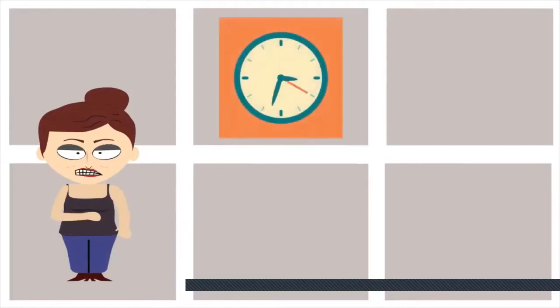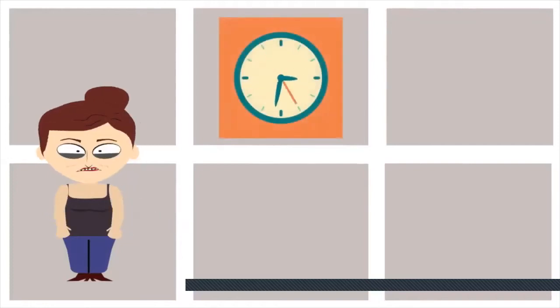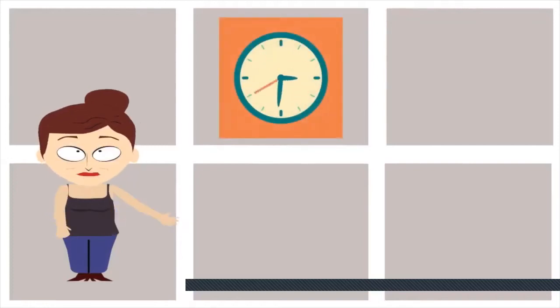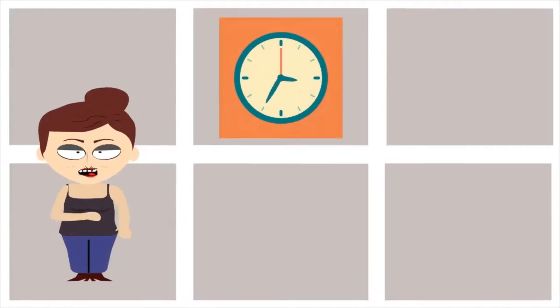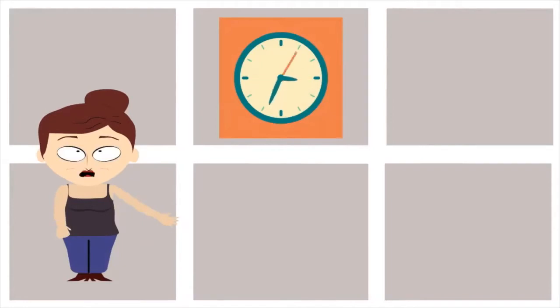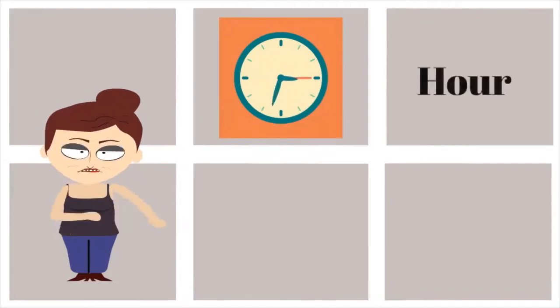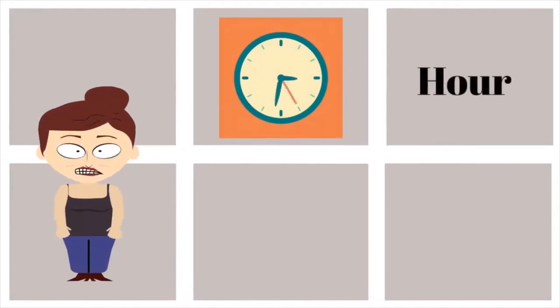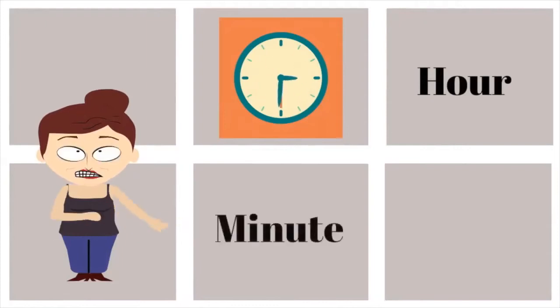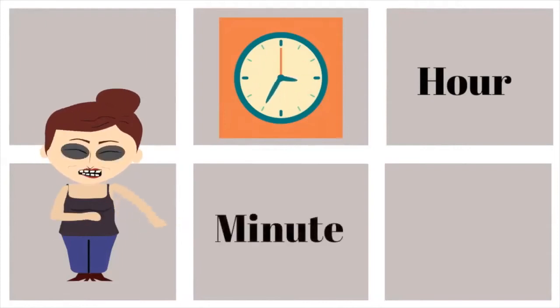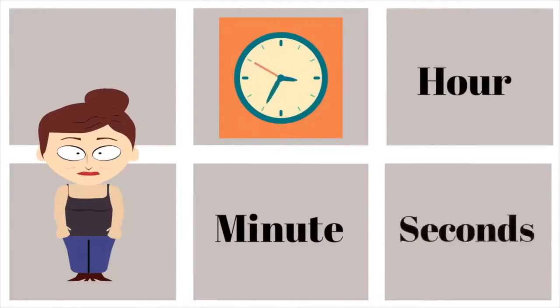Have you seen the clock on the wall? In your room and in the house, everywhere. It tells us the time. It shows us three things: hour, minute, and the seconds.